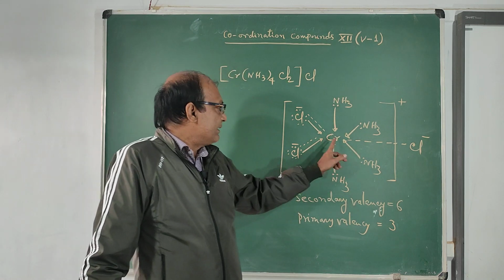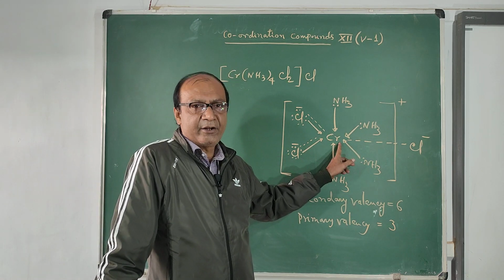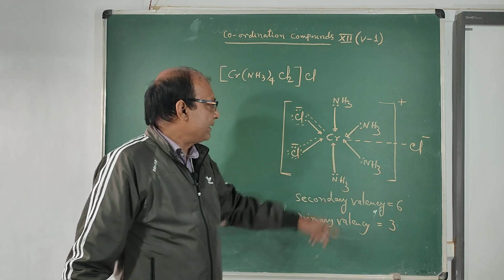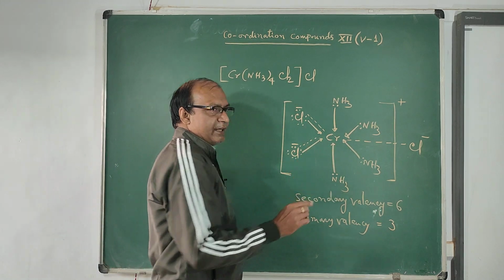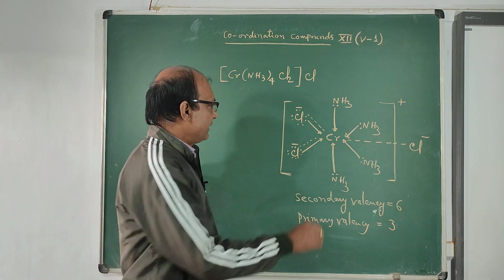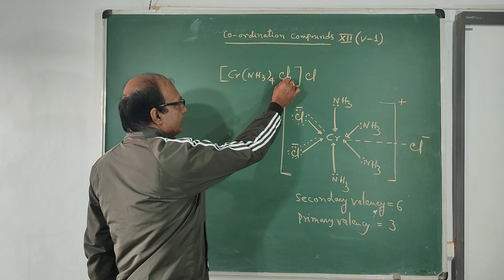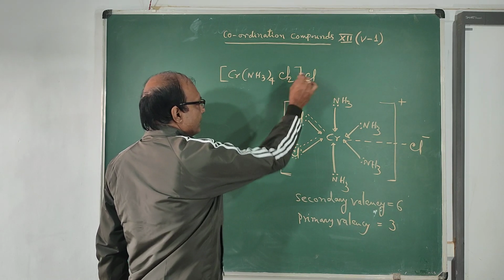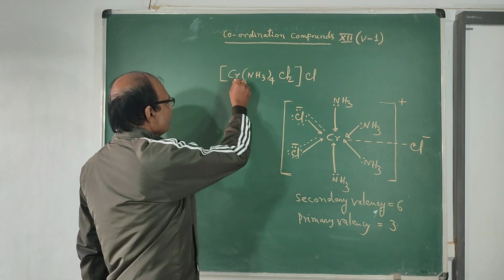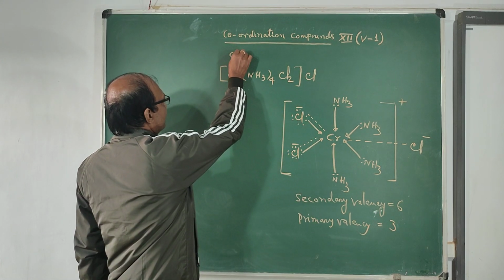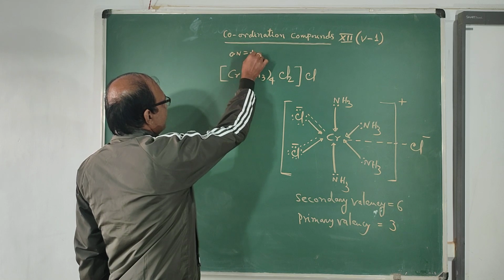And the central metal ion, here the central metal chromium, has a 3+ charge. It's an ion because you see that the total negative charge is 2 minus, 1 minus, 3 minus. So the oxidation number of chromium is plus 3.